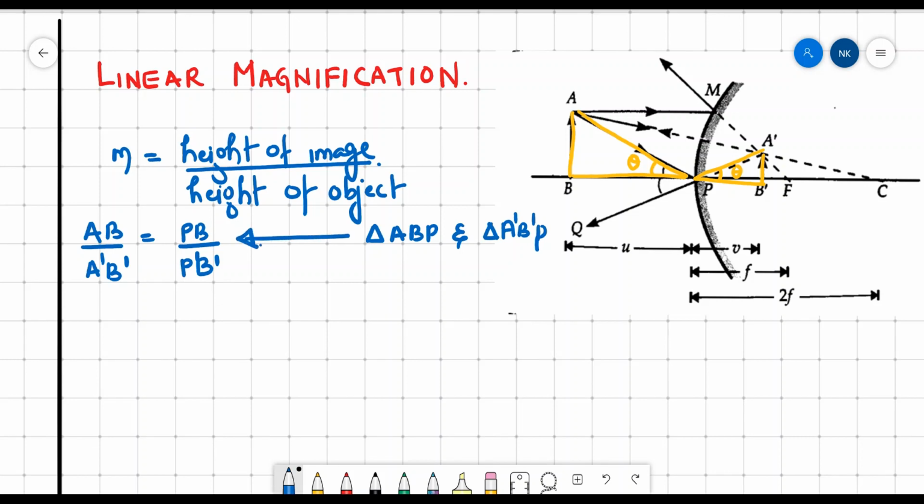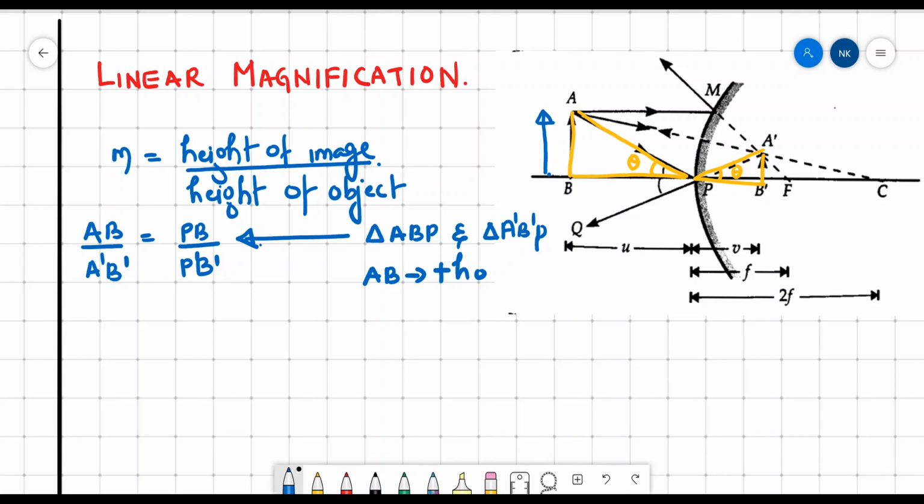Okay, now what is this AB? AB is this distance, and that stands for the height of object. This is in the upward direction from the principal axis, not from the pole, so it has to be plus HO.